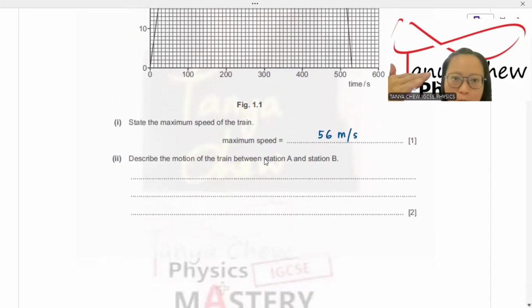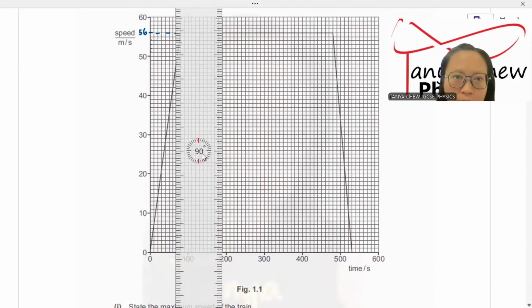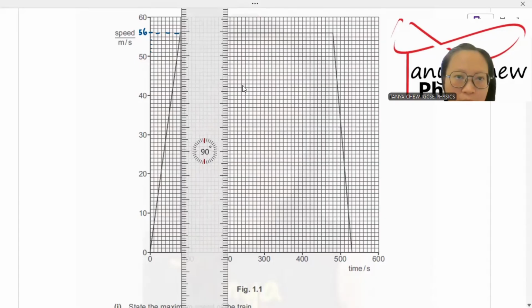So I'm going to describe one by one, step by step. From t equal to 0, this is a straight line graph until this time. I need to get the time for this.